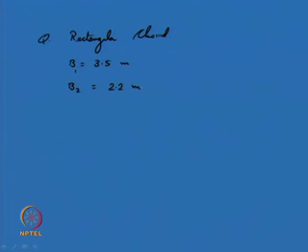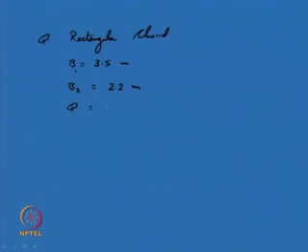A rectangular channel upstream width is 3.5 meter. The width of the channel is reducing to 2.2 meter.